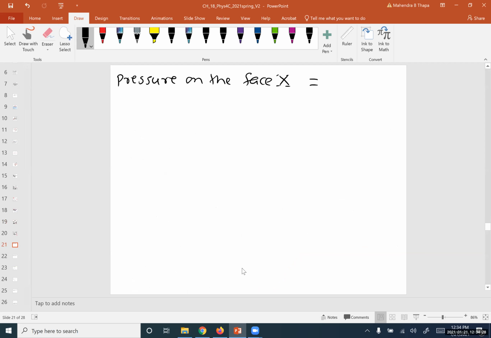So pressure is force per unit area. You already figured out the force. Force is mu squared over L. This is the force, and the area, because this is a cube, will be L squared. So we get mu squared over L cubed.